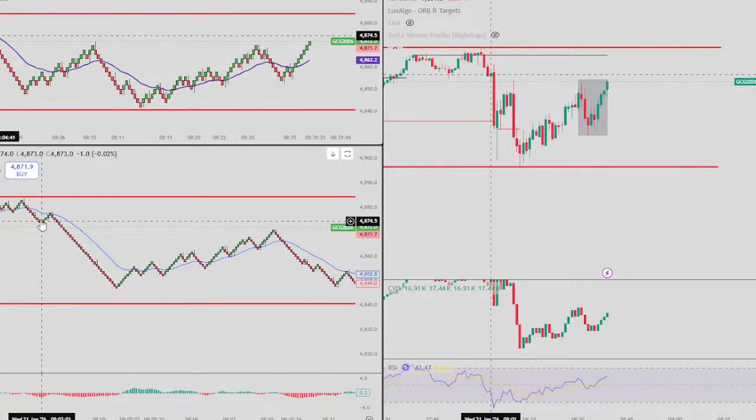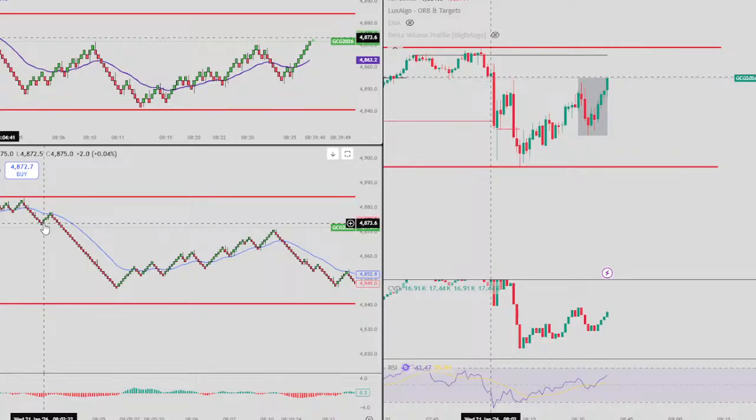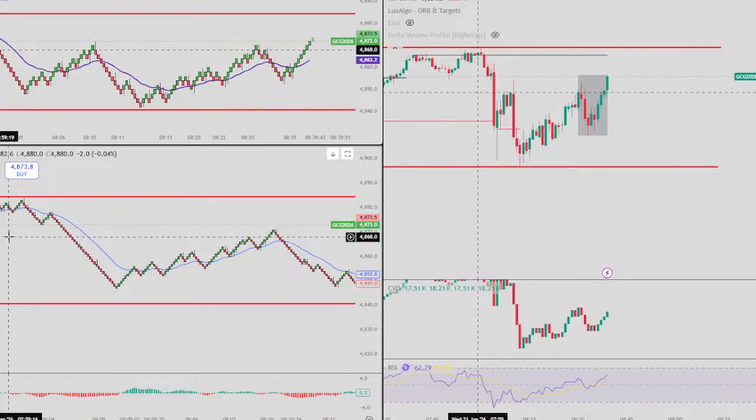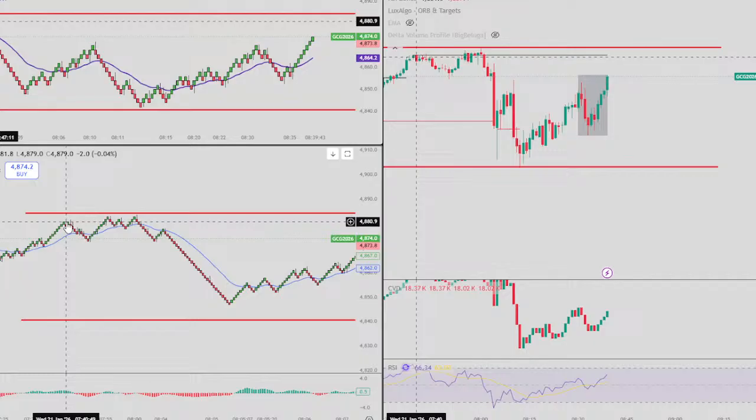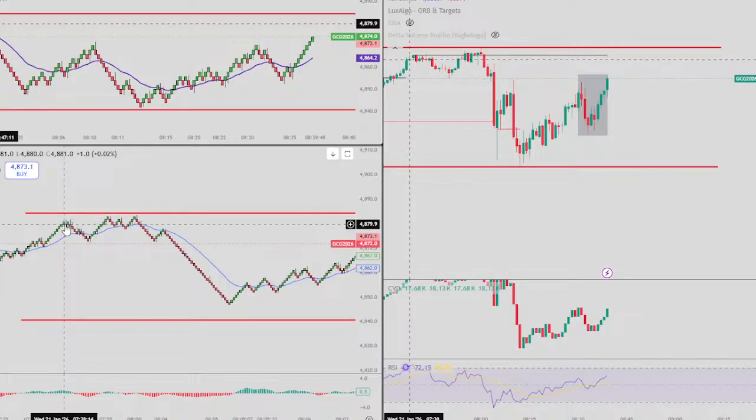Okay, so here, price dropped all the way down, but it's dropping off of this. So this is your first overbought condition pre-market right here.